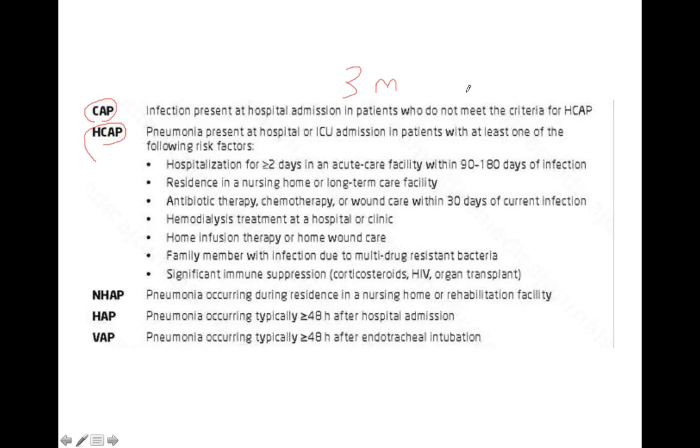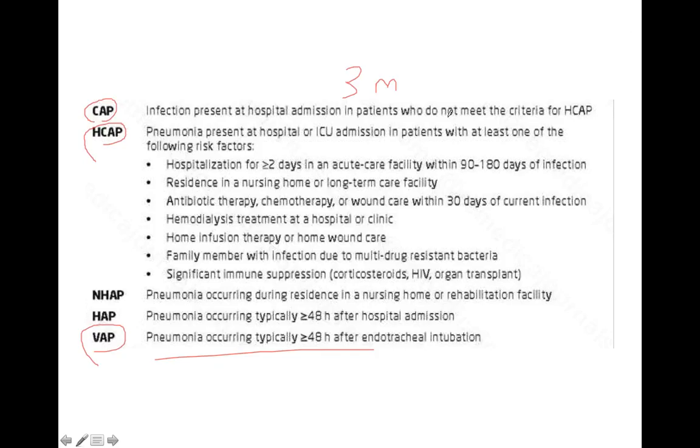So we have ventilator associated pneumonia, which I told just now. Like the patient comes to you with a COPD attack, and we intubate the patient, and after 48 hours we see new patches on x-ray which were not present, and the patient has purulent secretions. Okay, so that is ventilator associated pneumonia, and the main cause is pseudomonas and also staph aureus.